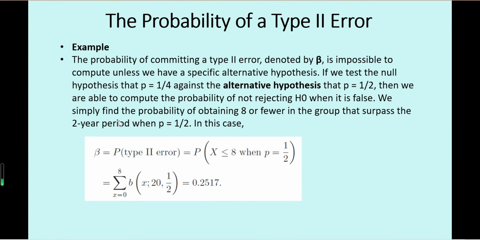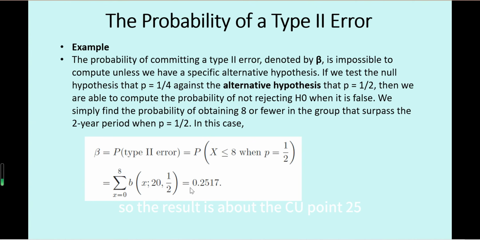So in the example of obtaining 8 or fewer positive in the group that survives the 2-year period, when actually the probability of success rate is 1 of 2, we also use the binomial distribution table. So the type 2 error is the probability of x less than or equal to 8 when the real probability is 1 of 2.